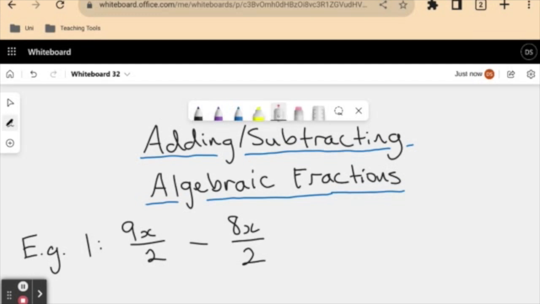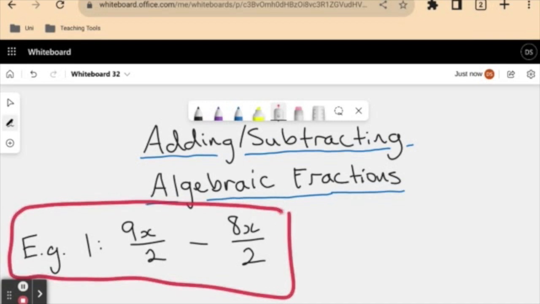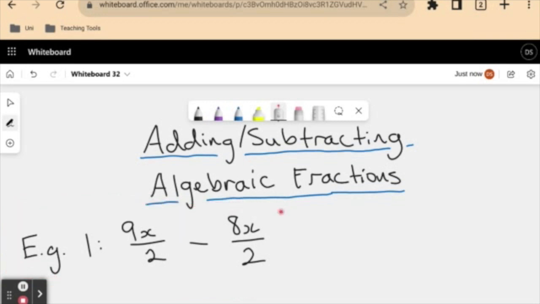So I have an example here, which is 9x over 2 minus 8x over 2. Now, the first thing to note here is that we have the same denominator. So our fractions are almost speaking the same language. We are thinking in terms of halves.